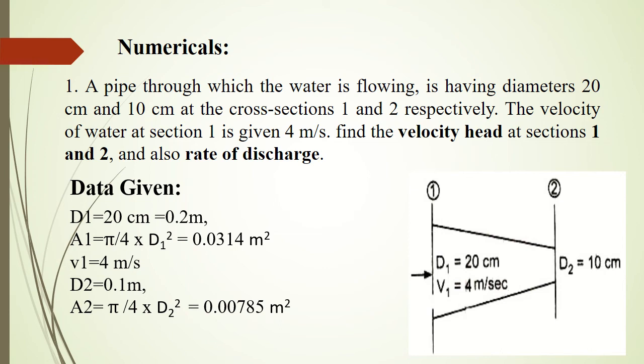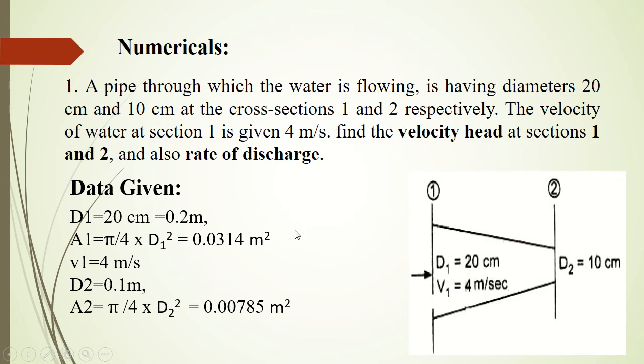In the same data, the velocity in cross section 1 is 4 meter per second and d2 is 0.1 meter. So A2, I can calculate: pi by 4 d2 square, which is 0.00785 meter square.